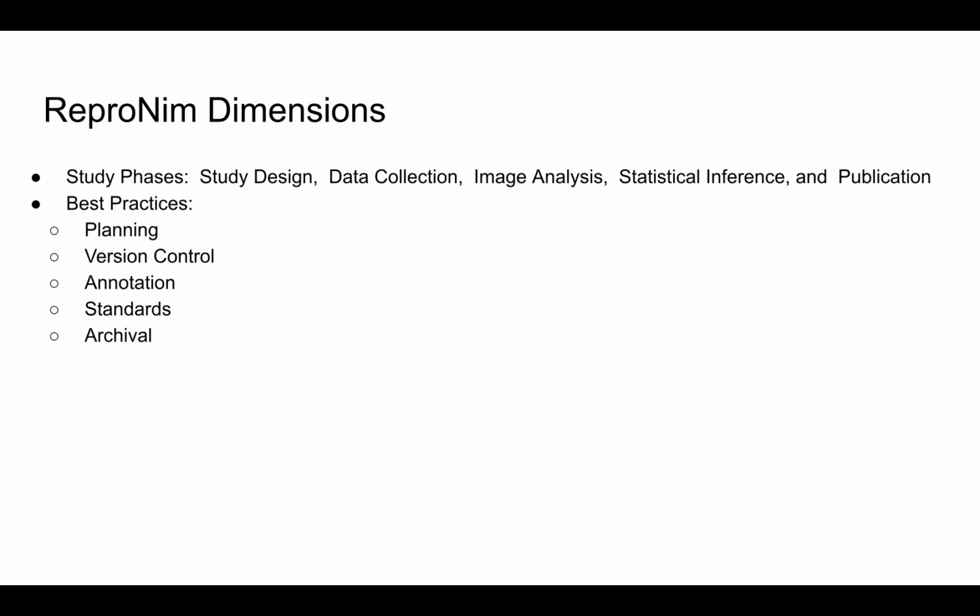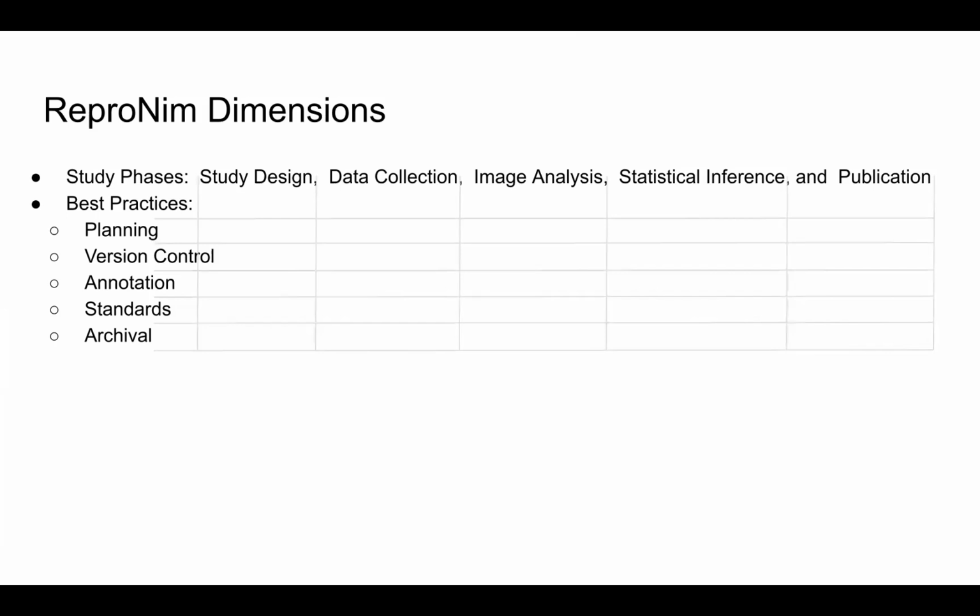So by considering each of the phases of a study and best practices in each of these areas, we really have a whole matrix of things that the investigator can be considering in order of using the best practices and invoking their study in the most re-executable way possible.